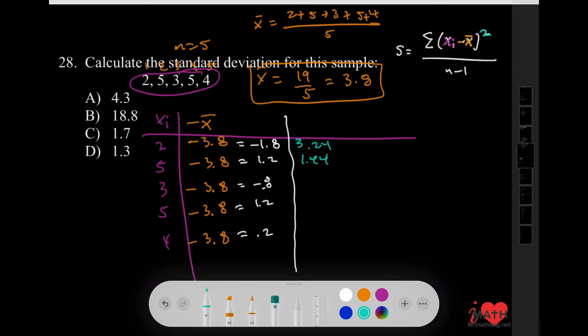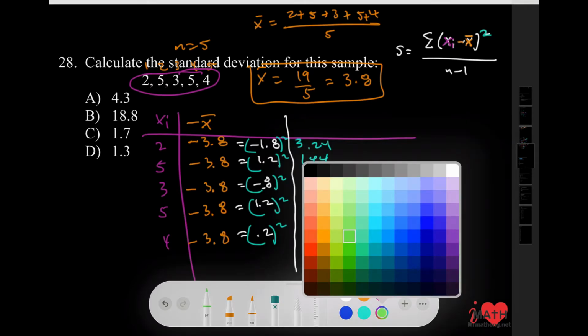Negative 0.8 is going to give me 0.64. 1.2 squared. So again, what we're doing is we're just taking all these values and squaring them. We already have that from above, 1.44. And 0.2 squared is going to give me a 0.04.